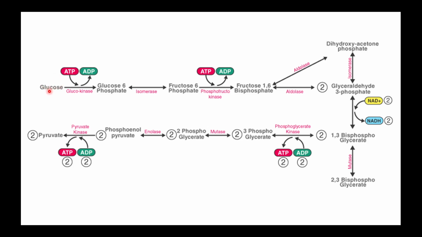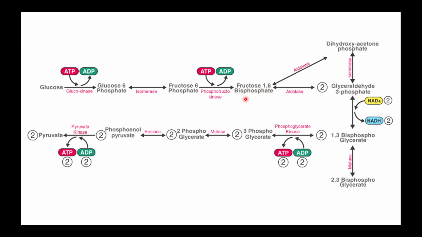If you see here, from glucose we are going to glucose 6-phosphate, then fructose 6-phosphate, fructose 1,6-biphosphate. After this, fructose 1,6-biphosphate is getting converted into glyceraldehyde 3-phosphate and dihydroxyacetone phosphate. These two compounds are interconverted by the enzyme isomerase.